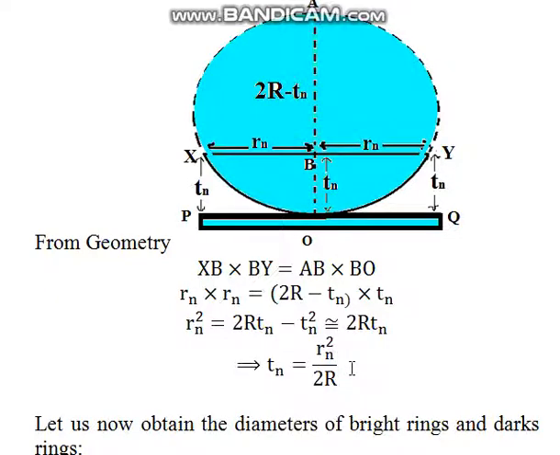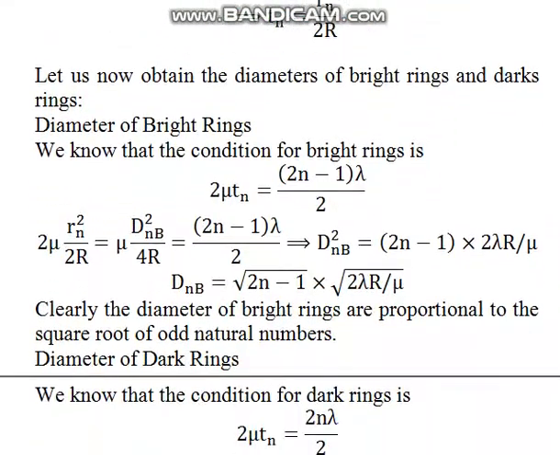Now let's determine the diameter of the bright and dark bands. First of all, let's derive the expression for the diameter of the bright rings. You know that the maximum condition in the case of the wedge shaped film is given by this equation, which we discussed in the previous video lesson: twice mu t cos(r plus theta) plus lambda by 2 is equal to twice n lambda upon 2.